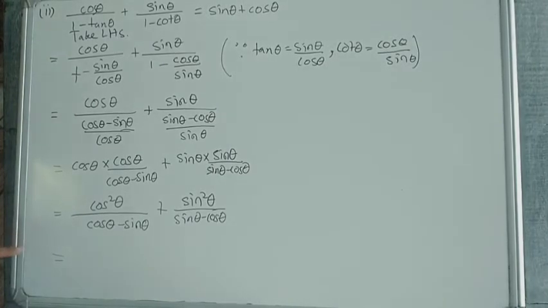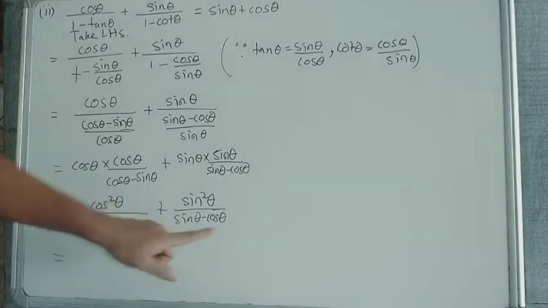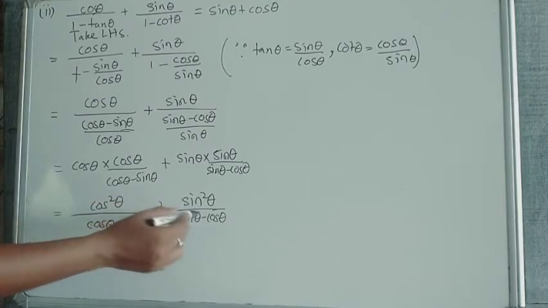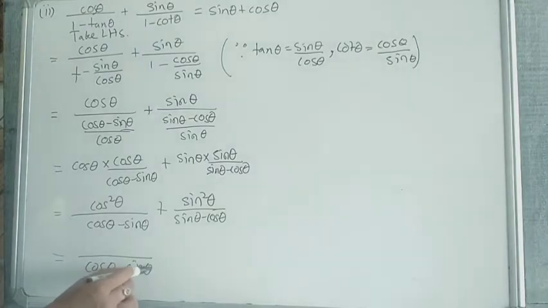Now see here what happened. Like one question earlier, we had this kind of thing where signs are not matching. So here you see cos theta minus sin theta, and here sin theta minus cos theta. Just a little change is there, because of the minus. So what we will do, we change this minus. To make it the same, cos theta minus sin theta, and this side is cos square theta.